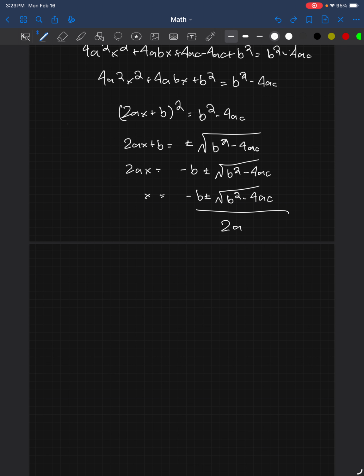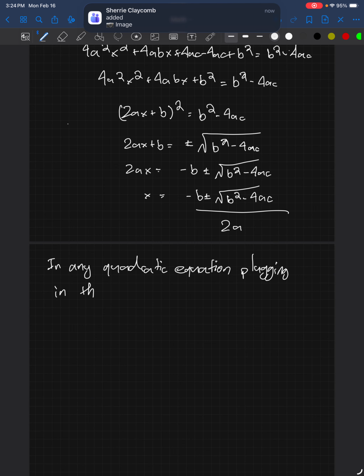So, in any quadratic equation, plug in the numbers for a, b, c in the formula.